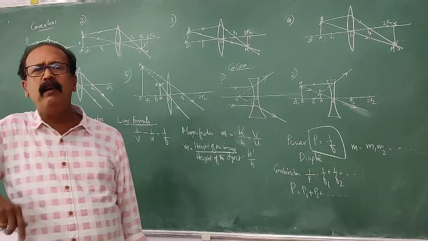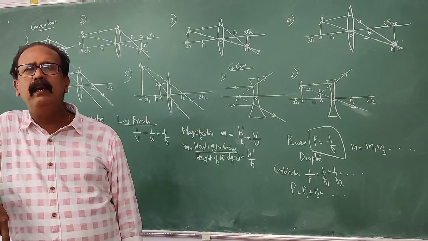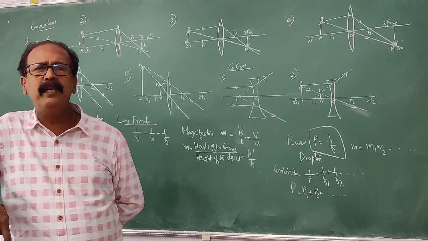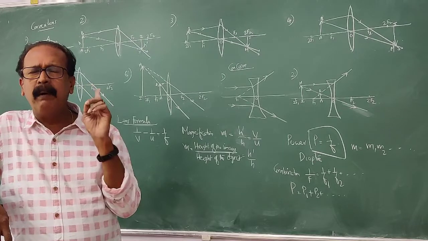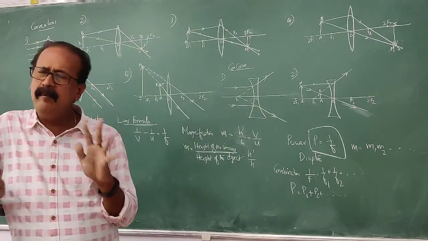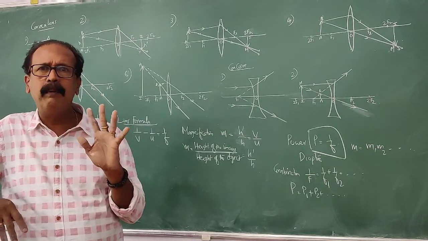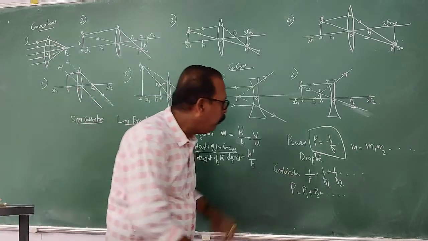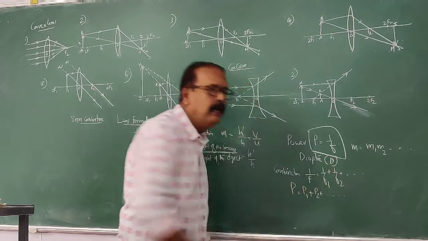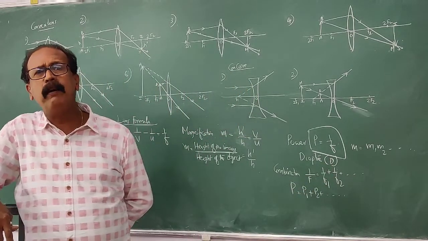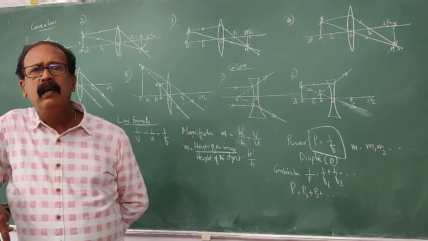Most of the students make a mistake in this when it is calculated for examination. The mistake is about units: only one unit is there for power in the SI system. There is no CGS unit for power. The unit is diopter, D-I-O-P-T-R-E, denoted as D. Diopter is the unit of power, focal power.